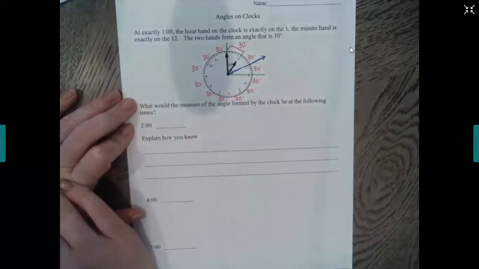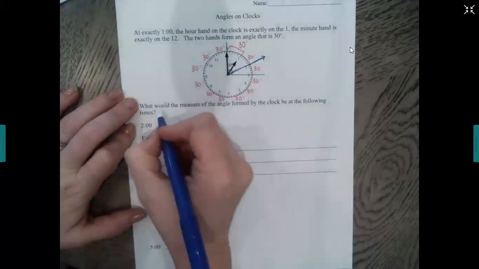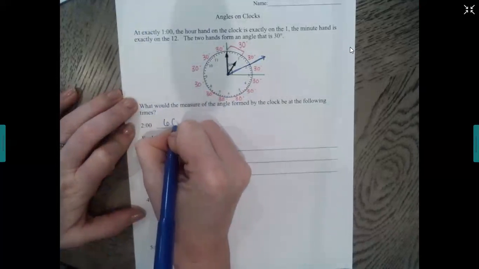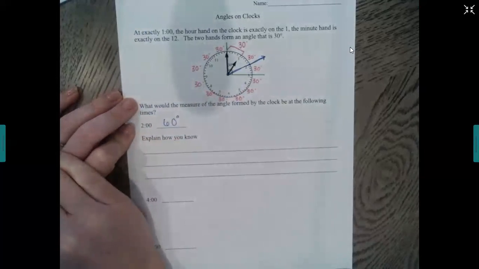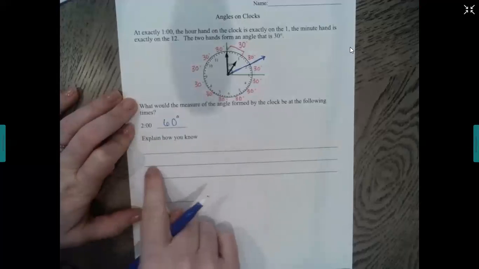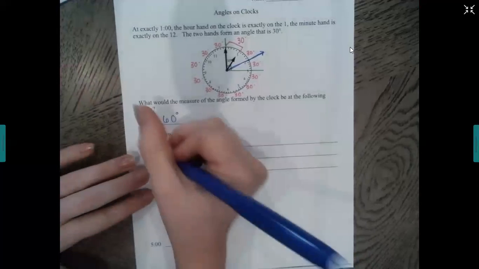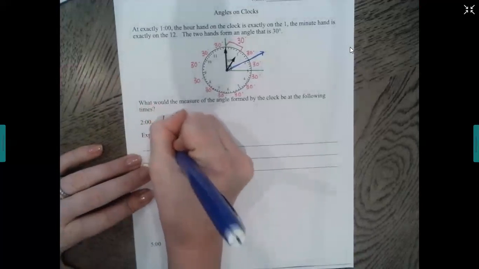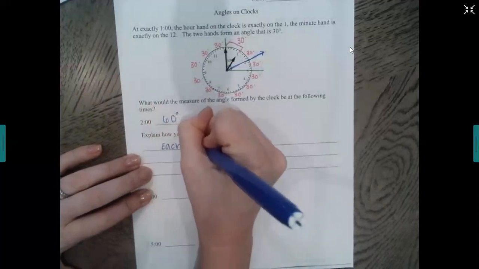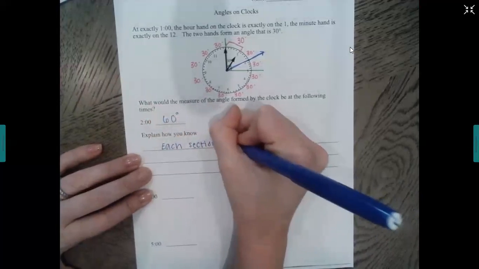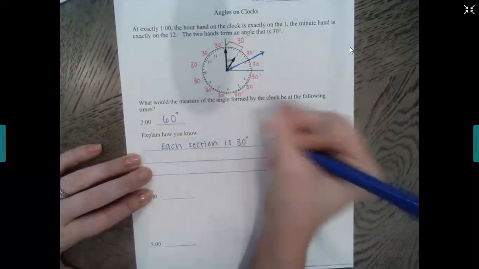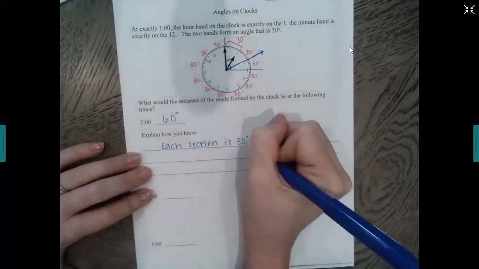Give you a second of think time. My 2 o'clock angle would be 60 degrees. Explain how I know. I know that each section on the clock is 30 degrees.